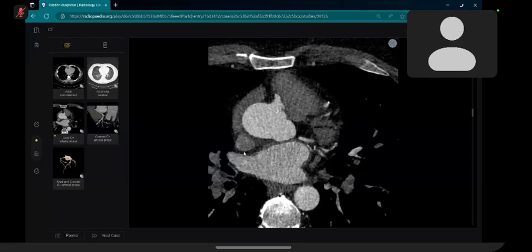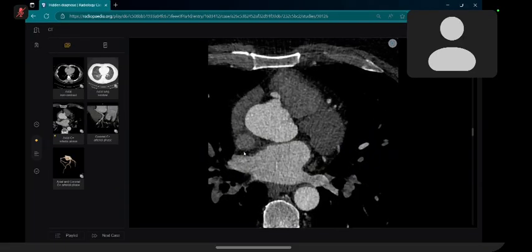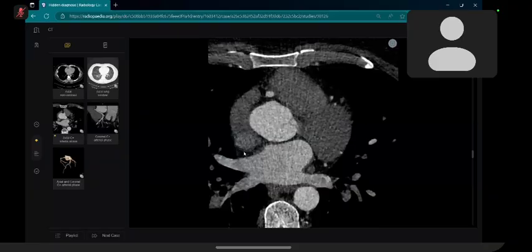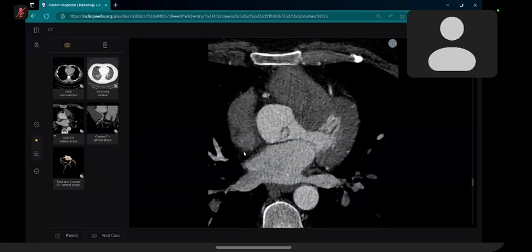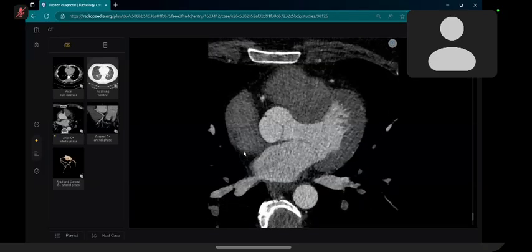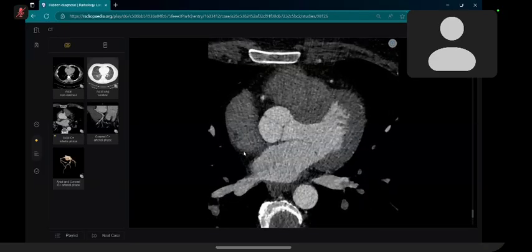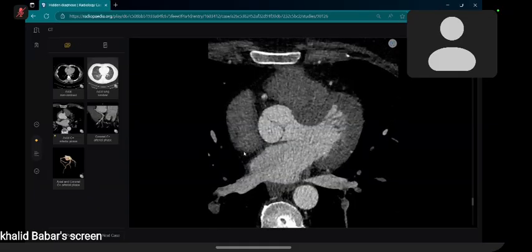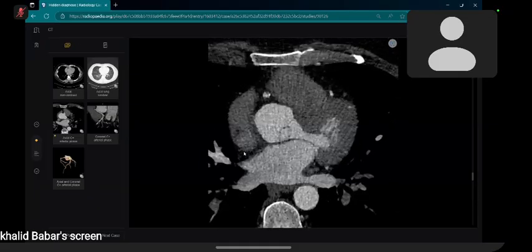I will trace the course of both these vessels as well, and they are showing normal contrast opacification, and I cannot appreciate any filling defect within the visualized images.